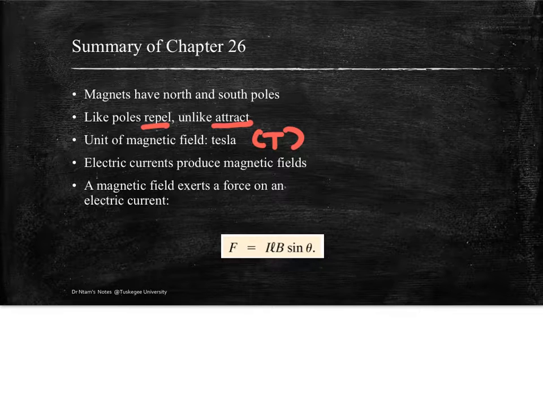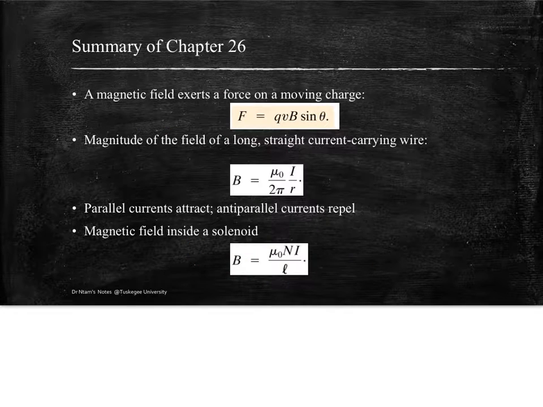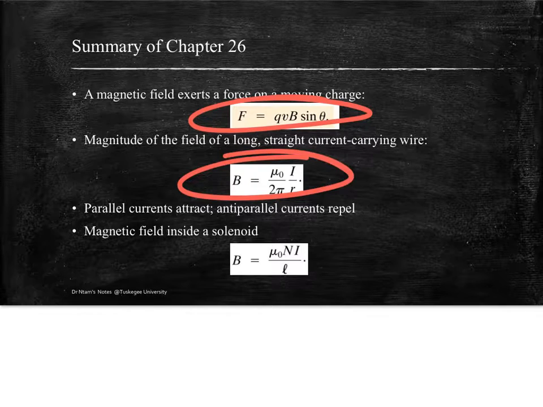Electric currents produce magnetic fields, and magnetic fields exert forces on electric currents or moving charges given by this. The magnetic field exerts a force on a moving charge given by this equation, and the magnitude of a magnetic field of a long straight current carrying wire, at the distance r from the wire, is given by this expression.